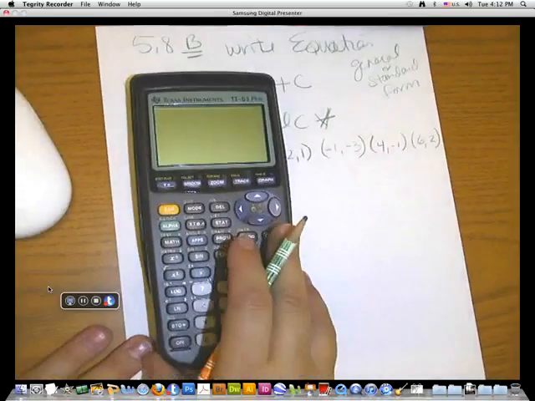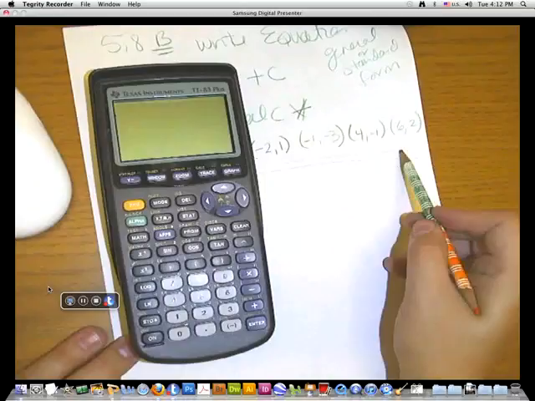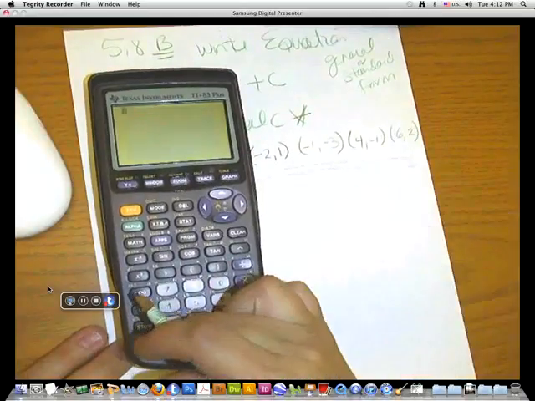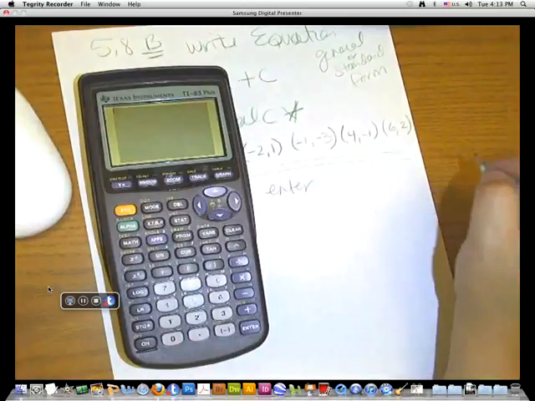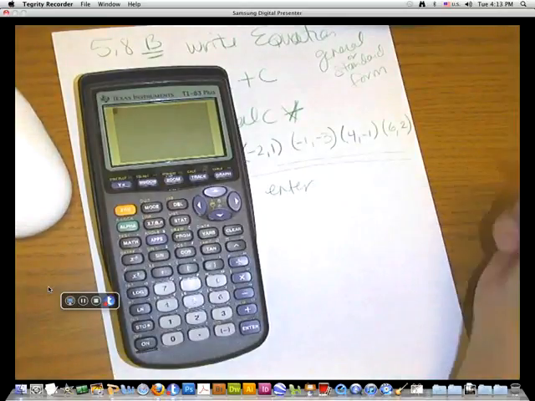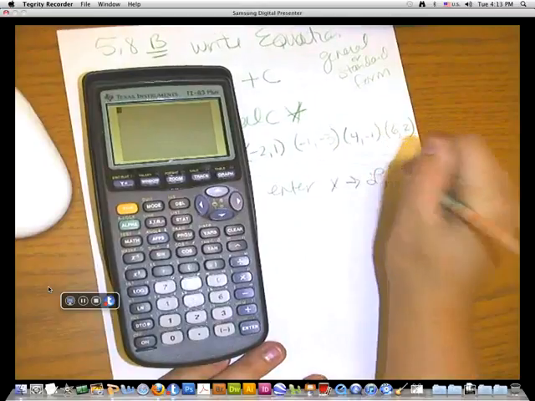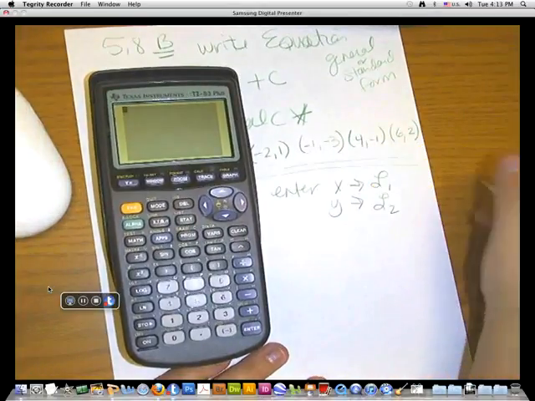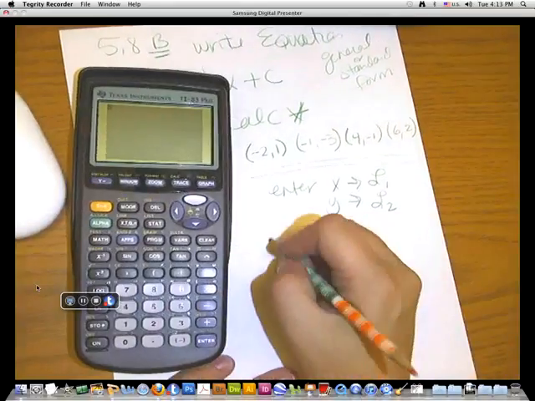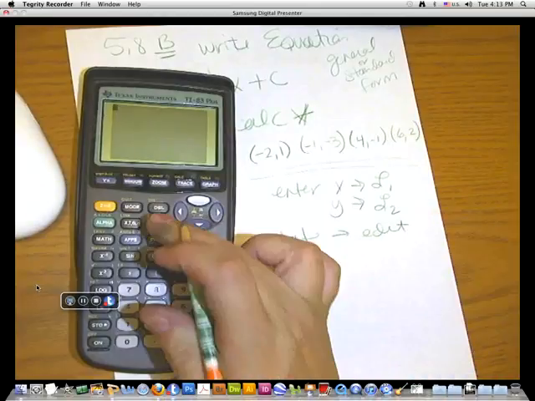What you're going to do in your calculator is, because they are data points, we're going to enter in the data. And the way we enter in our data is the same way we did when we were looking for lines, meaning the x values go into L1, the y values are going to go into L2, and all of that is done under stat and edit.